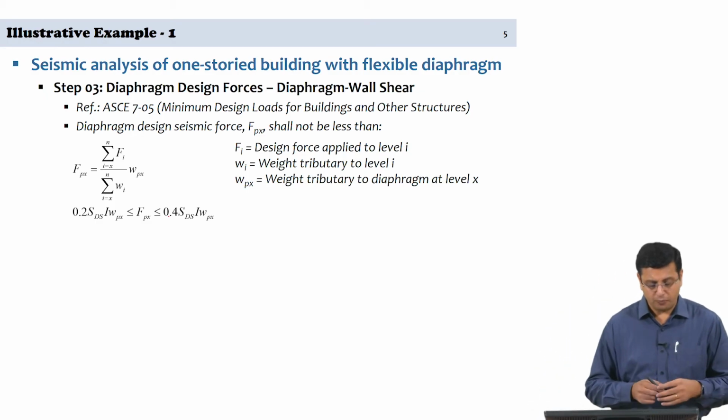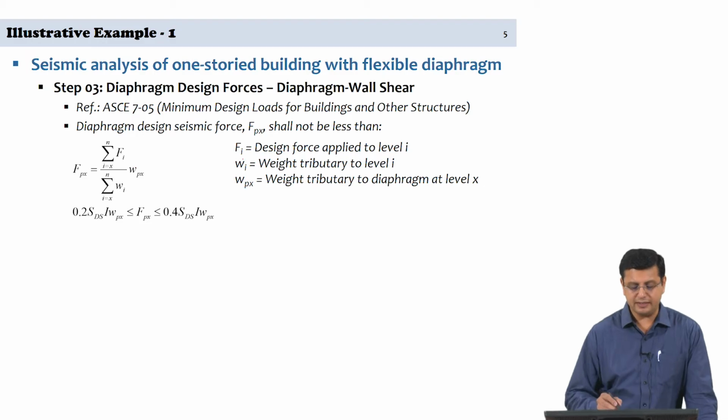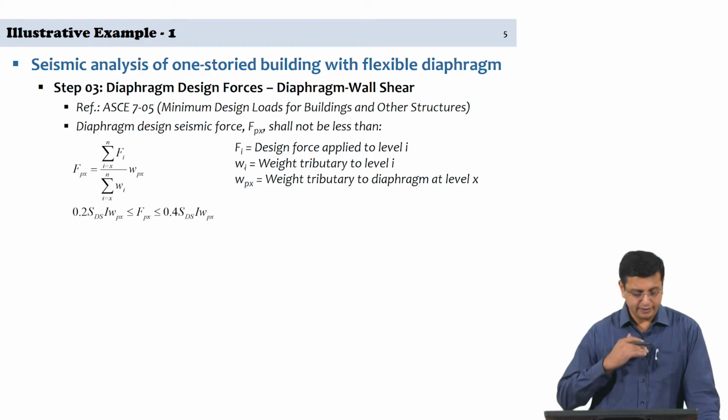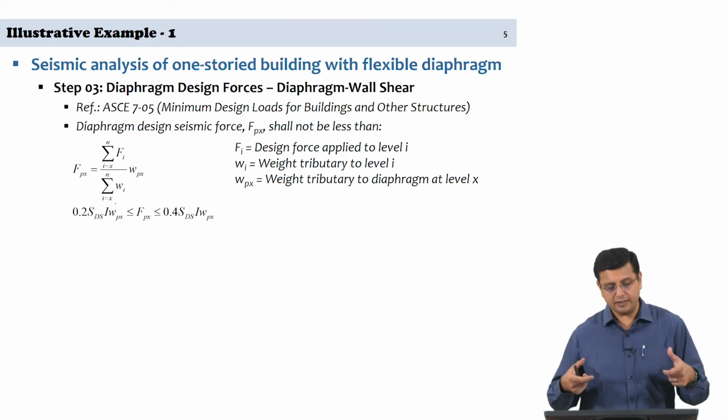So, what you have in this expression, you have summation of all the levels i equal to x to n of Fi, where Fi is nothing but the design shear force applied to level i, divided by summation of, for all levels i equal to x to n of Wi, which is the weight tributary to level i.